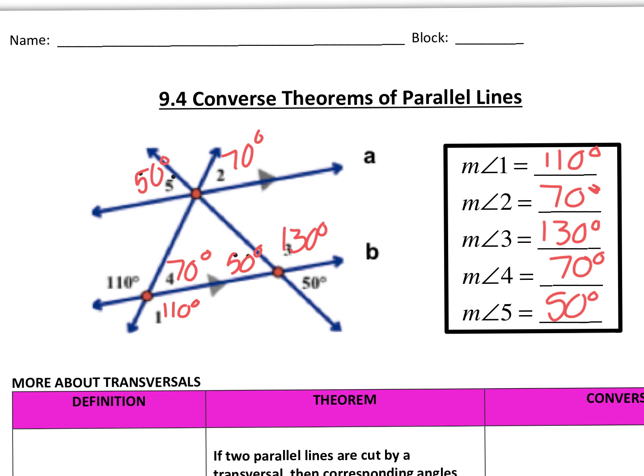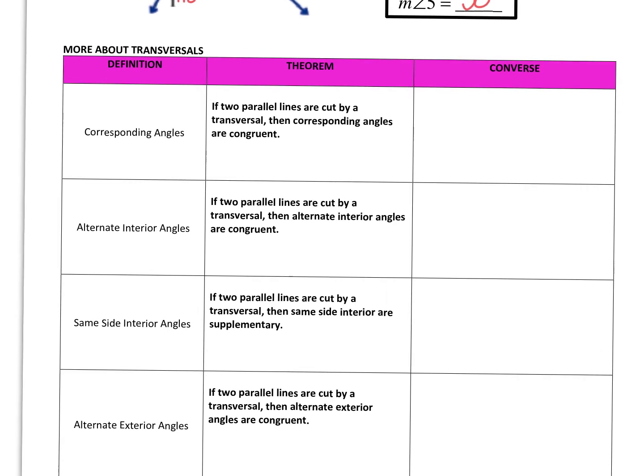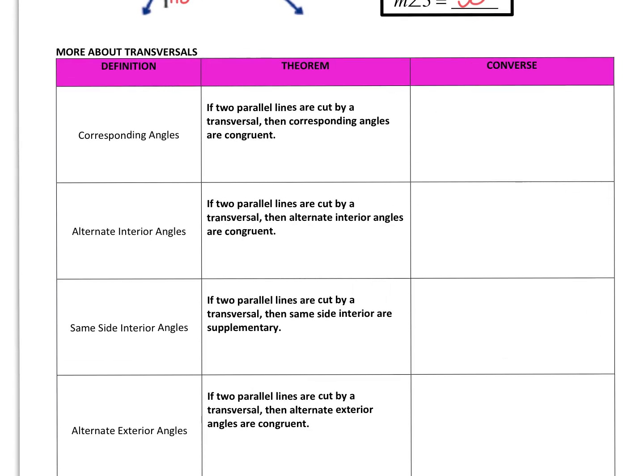All right, so today's all about converse theorems. Let's talk about what that means. The original theorems we talked about in 9.3 were based on these: corresponding angles, alternate interior angles, same side interior angles, and alternate exterior angles.